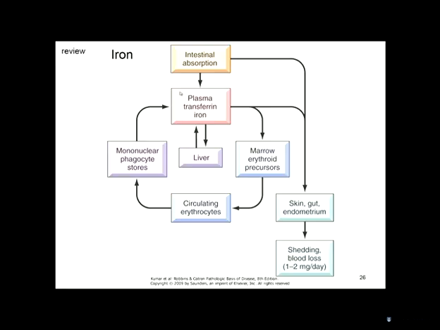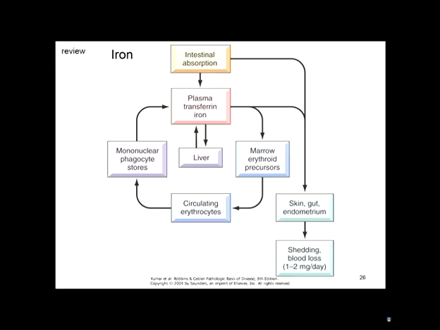So we have iron coming in through the gut, obviously through the diet. Transferrin takes care of it in the blood. Liver stores it. Mononuclear phagocyte system is important all the way around because it takes the iron, particularly the iron that's in the hemoglobin that's released into tissues. So if we have internal bleeds into the tissues, that's where the mononuclear phagocyte system is particularly important. So remember those hemosiderin-laden macrophages in the lungs?